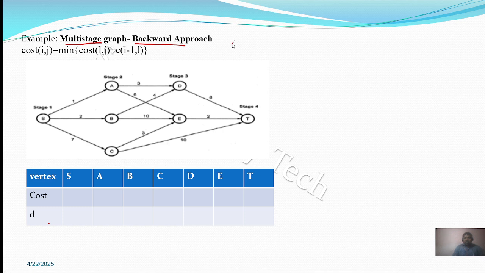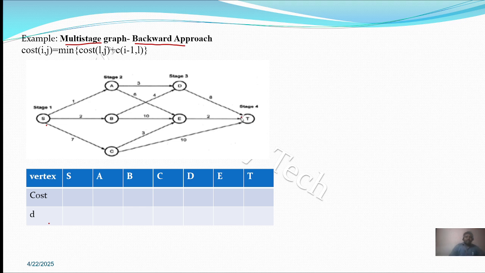The principle of dynamic programming is optimality. Optimality means you can find the optimal path here in the multi-stage graph. So the optimal path, that is the minimum path, you have to find from source vertex S to sink T.